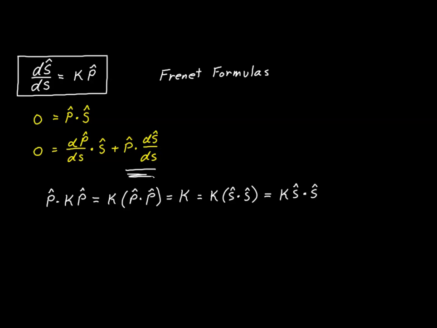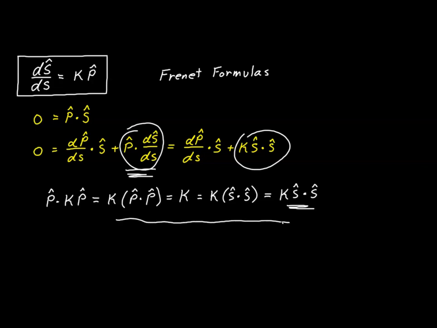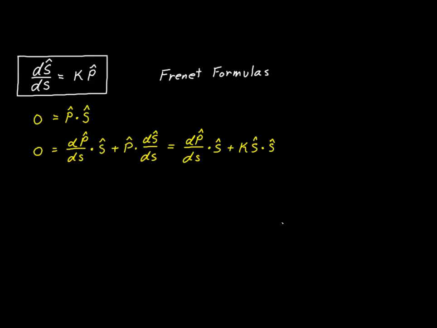So this term right up here can be replaced with this form. So all I've done is to replace this term with this one as per the analysis we did right down here. Okay, well now because the dot product is distributive, we can factor out this factor of s hat.